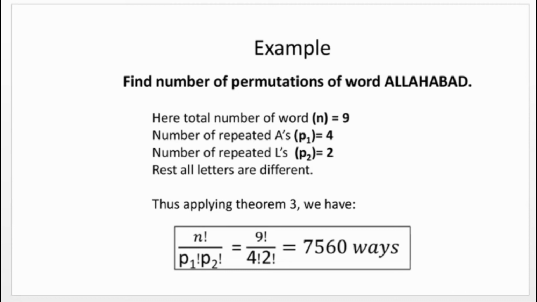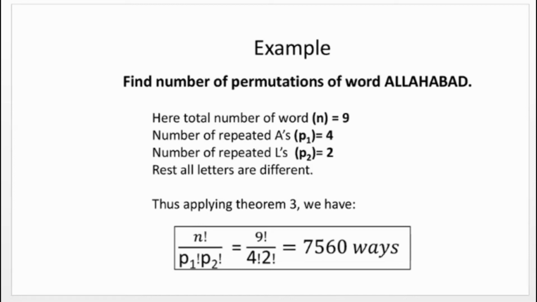All are distinct, all are different letters. Then we can fill these in 9 factorial different ways. Do you agree? All the letters are different, then the total number of different ways of selection is 9 factorial.